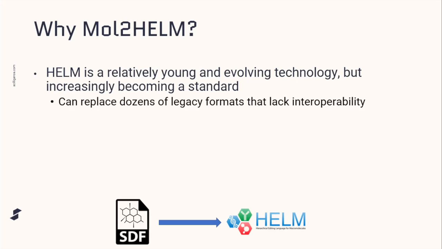It's been used in a lot of different publications, and it's used across a lot of organizations. And it has the potential to replace dozens of legacy formats that lack interoperability. So lots of companies prior to HELM notation had their own legacy formats that just did not translate between one another, that were only understandable to people within the organization, and it just failed to foster collaboration.